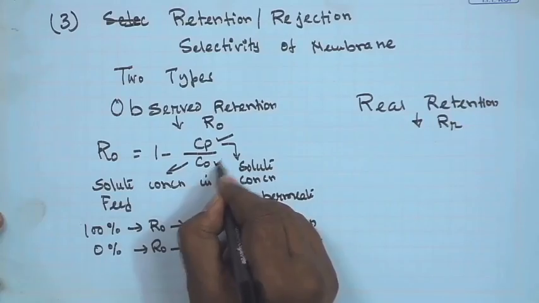So, Cp can be determined. Similarly, one can take a sample of the feed stream, measure its solute concentration and get the value of C naught. Therefore, R naught is a measurable quantity, and it directly indicates how much separation the membrane is resulting in.